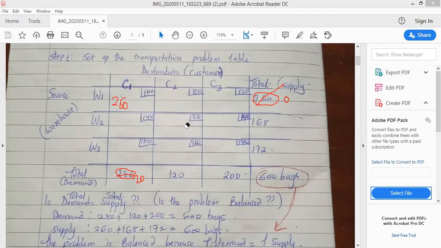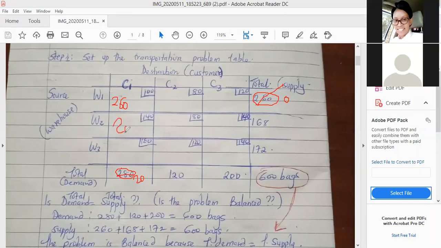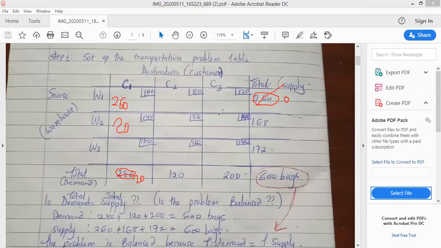We can get the 20 units from there, and comfortably assign them to that cell. When we assign 20 units to this cell, it means we have satisfied destination C1, and because of that, no more allocation will be done to that destination.